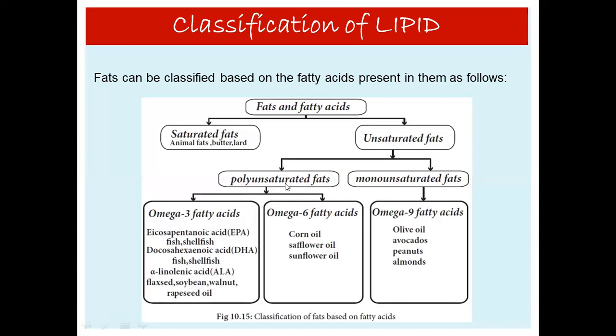Whereas polyunsaturated fats are primarily of two types, omega-3 fatty acids and omega-6 fatty acids. Corn oil and sunflower oil are rich sources of omega-6 fatty acids. And soybean oil, walnut, rapeseed oil, alpha-linolenic acid, shellfishes are rich sources of omega-3 fatty acids.